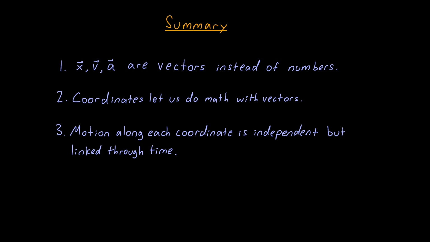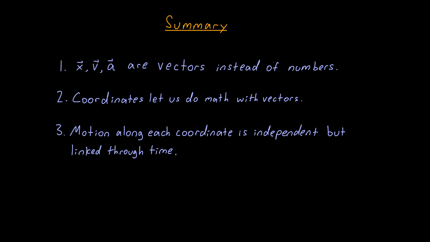The second thing we talked about was that to do math with these vectors, we can impose a coordinate system. We can define a direction of our choosing to be x and another direction of our choosing to be y, and use coordinates, or in other words, projections of how much of a vector is aligned with x and how much is aligned with y, to actually do math and calculus with those geometric arrows.